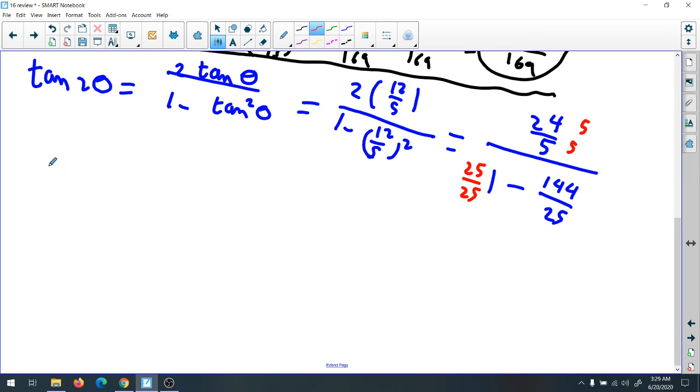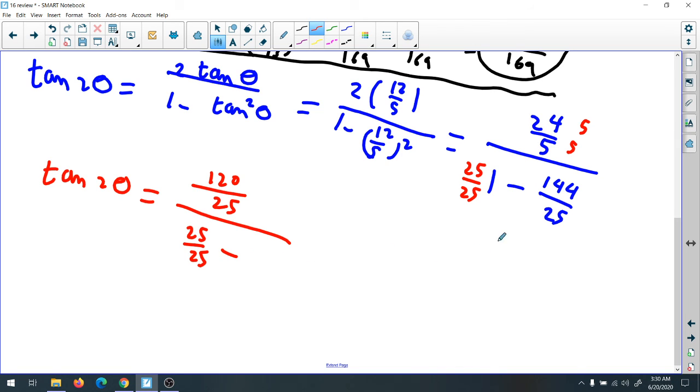Now, tangent double theta equals 5 times 24 is 120 over 25, divided by 1 times 25 is 25 over 25 minus 144 over 25.